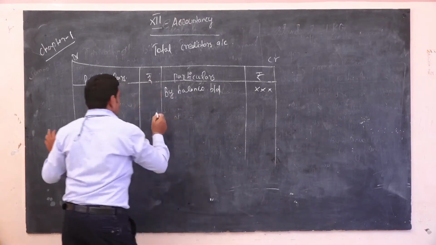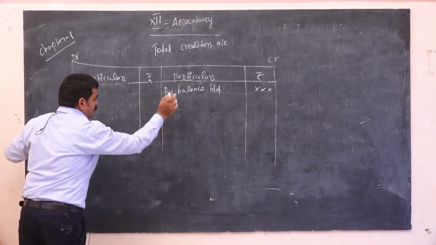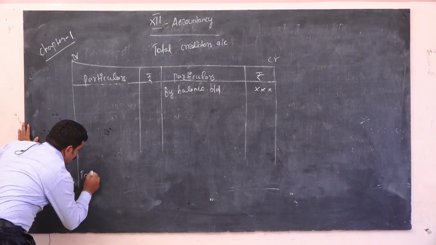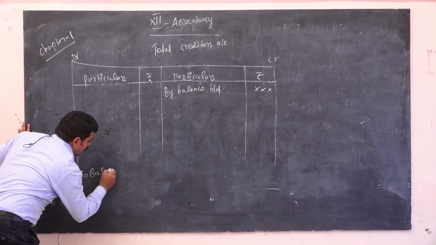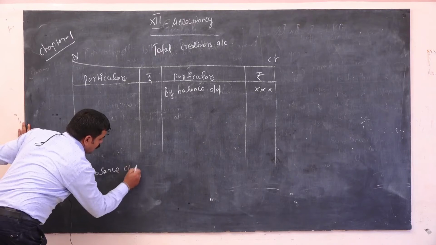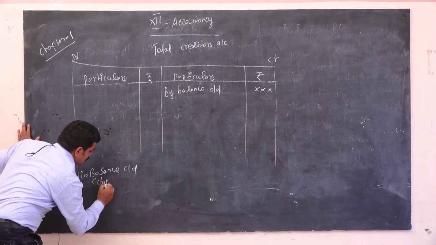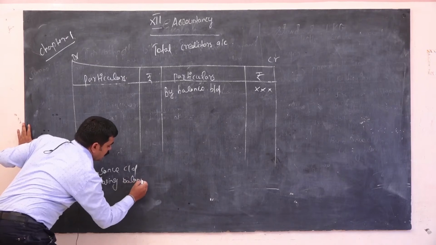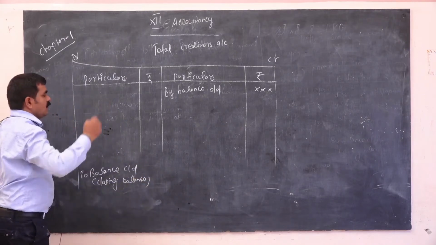Next, if the opening balance appears, that means simultaneously you have to show balance carried down, that is closing balance. Okay.